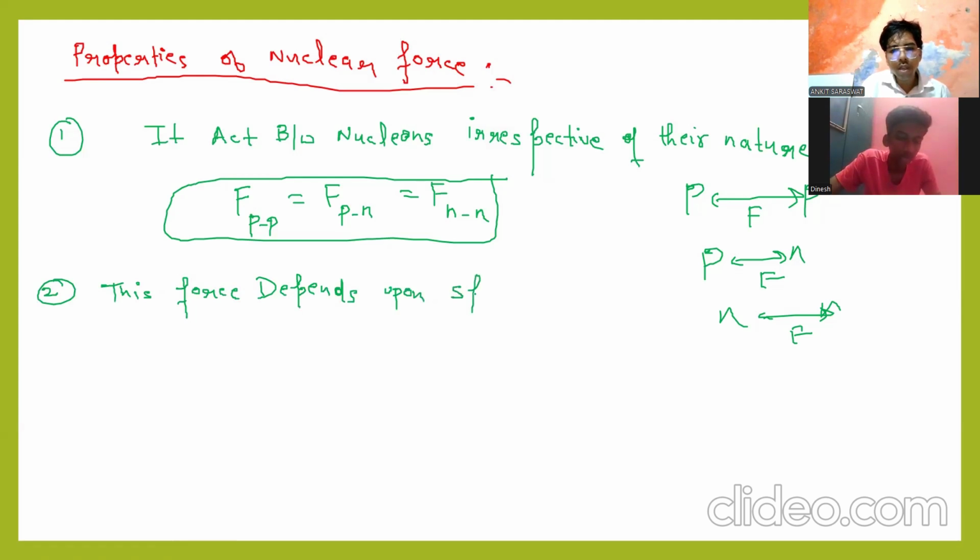You know spin motion, you have learned in chemistry? Spin of electron, like in one shell it is like this. This is spin, plus half, minus half. This force depends upon spin motion.